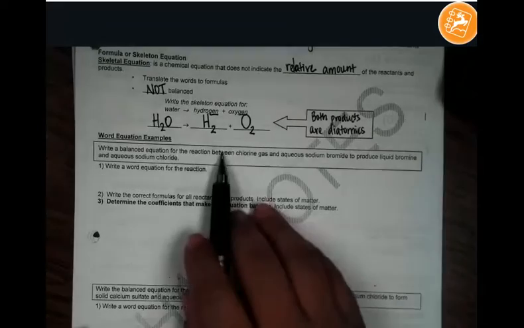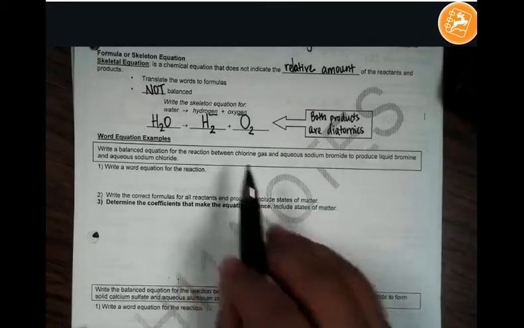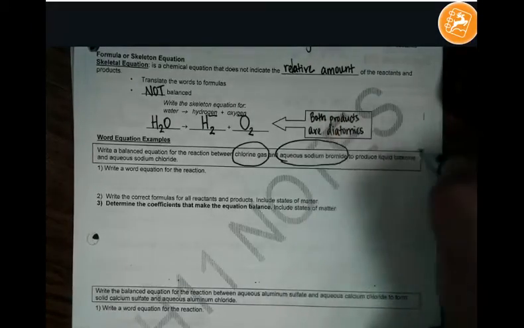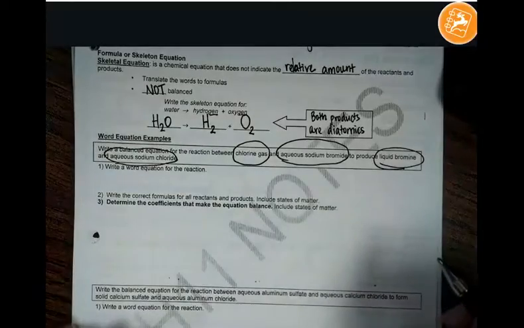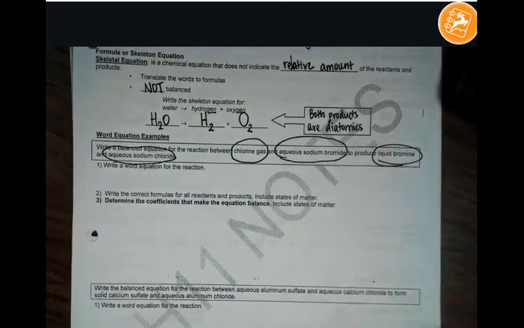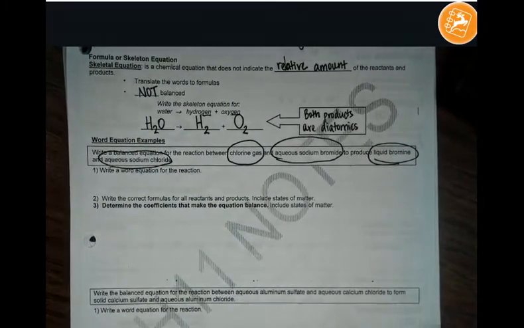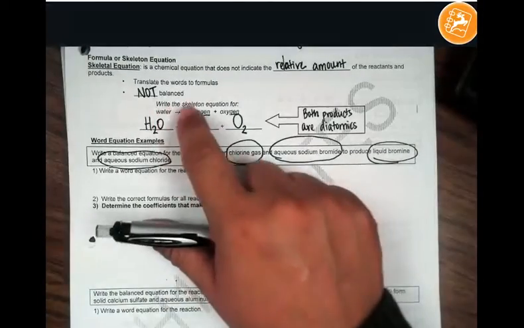So the first one, right? There's a reaction between chlorine gas, aqueous sodium bromide, and it produces liquid bromine and aqueous sodium chloride. So I've also circled the states of matter, which we don't need. There were no states of matter up here.